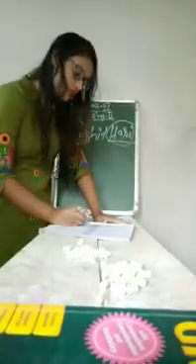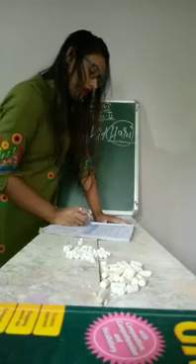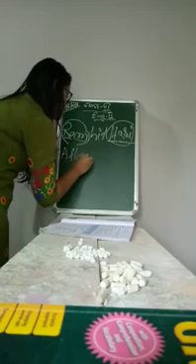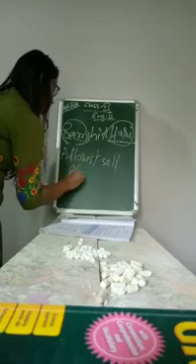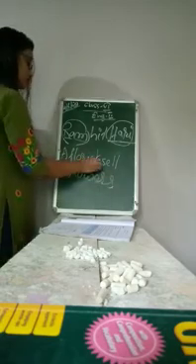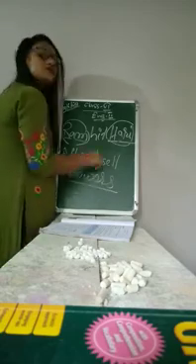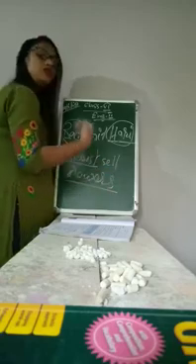Here is an example: a florist sells flowers, right? So here florist and flowers, both are nouns. Florist is a person who sells flowers, and flowers is also a noun. So who is doing the thing?